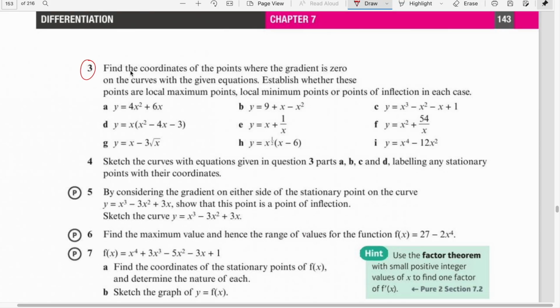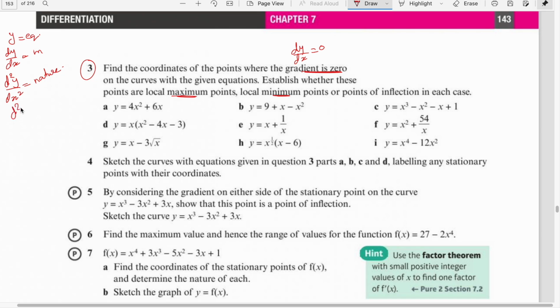Question 3 says find the coordinates of the point where the gradient is 0, dy by dx equals to 0, on the curve with the given equations. Establish whether these points are local maximum points or local minimum. Now we are moving one more step. Y was the equation, dy by dx was the gradient, and d square y over dx square will tell us the nature of the point.